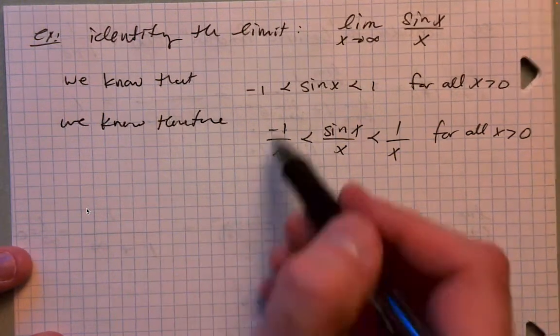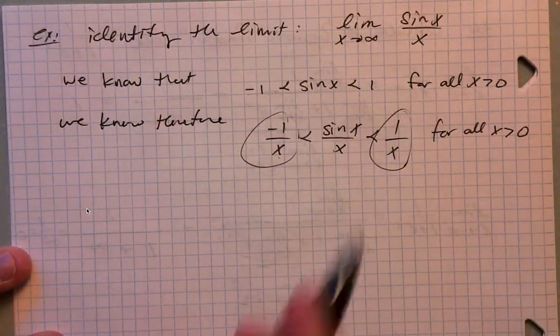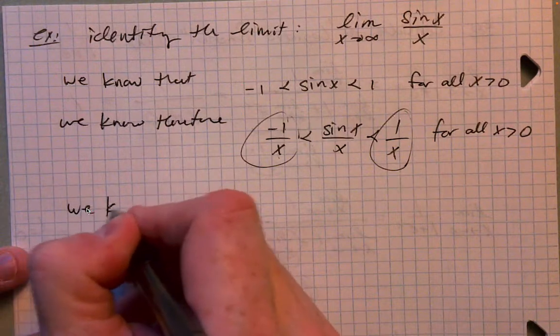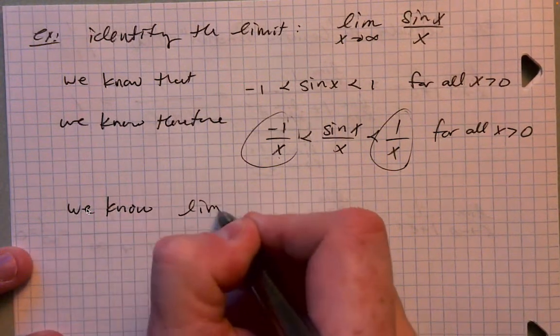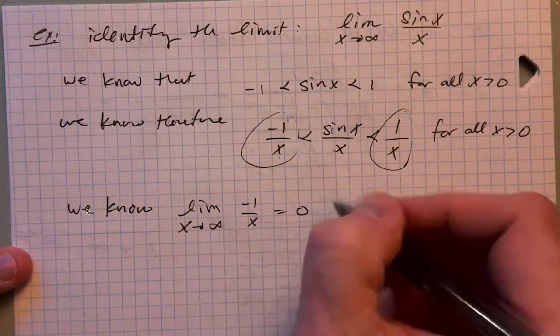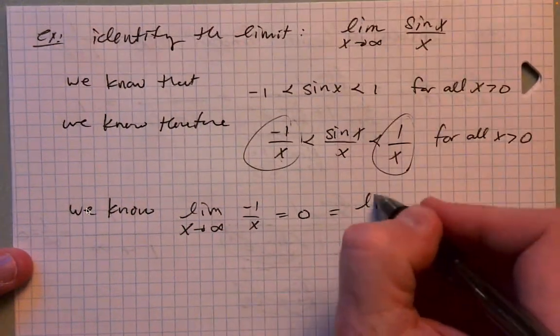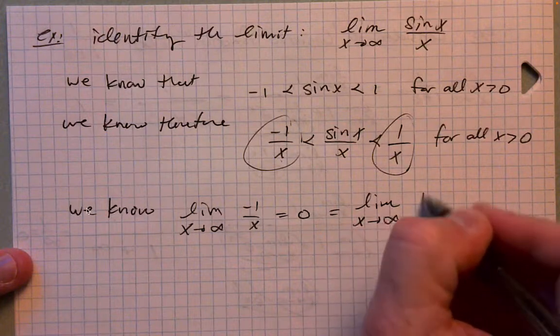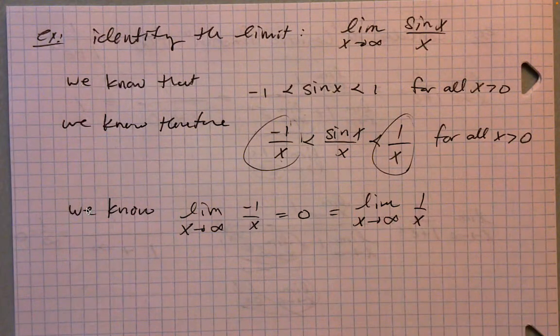Now we know these two limits, right? So we know that the limit as x approaches infinity of -1 over x is 0, and that's also true for this other one, right? Okay, so that's true.